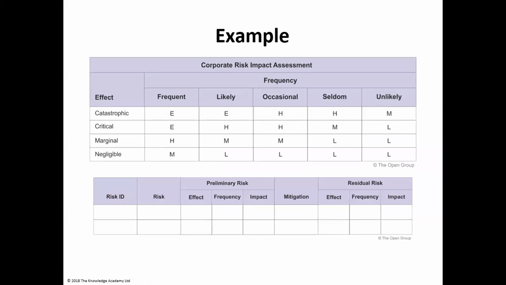When we start putting it together, we have risk ID, risk, effect, frequency, impact, mitigation, effect, frequency, impact. Generally we start with the preliminary risk, and the expectation is to resolve that, and the residual risk may not be the one which was raised as part of the preliminary risk.